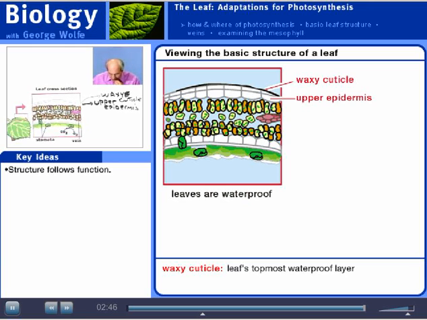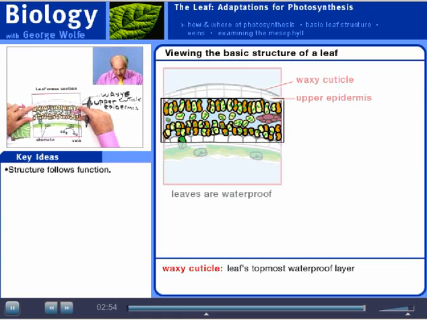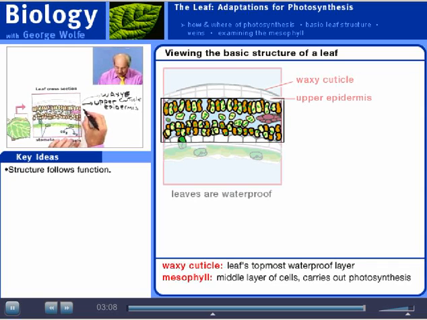Okay, now, if you look at this particular leaf, you're going to see a layer, and this particular layer of cells we've highlighted. The reason we've highlighted this layer of cells in color is because this is the business end of the leaf. This is where photosynthesis occurs, right? And we call this the middle layer. But we're not just going to call it the middle layer, we're going to call it the mesophyll, the middle layer.